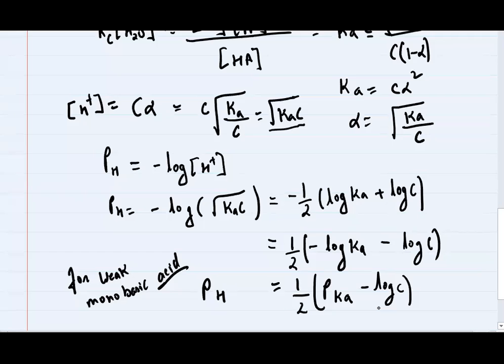Okay, so everyone got this concept, yes or no? Now, answer me this. Can I use this formula all the time, or is there some limitation?